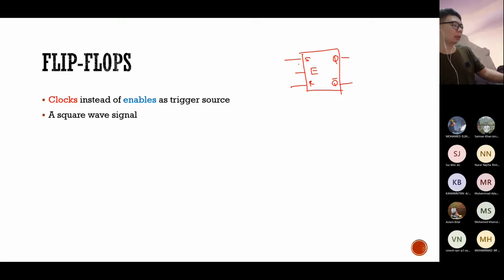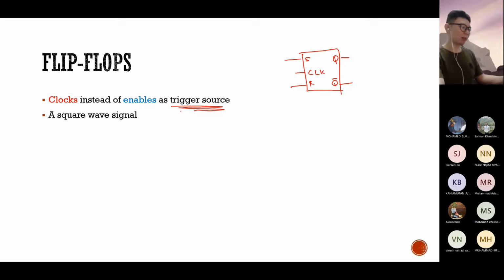The difference between a flip-flop and an SR latch is at this point. Instead of having an enable, an SR flip-flop will have this replaced by another input called CLK, short for clock. So instead of an enable, we have a clock, which we call a trigger source.